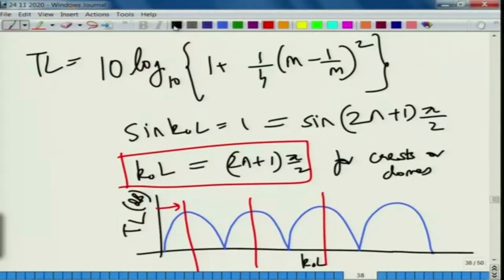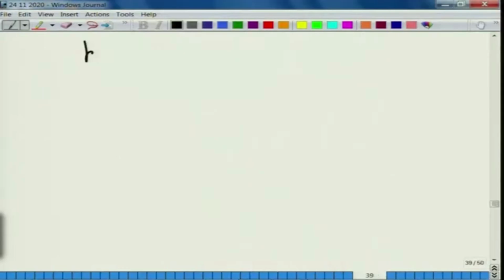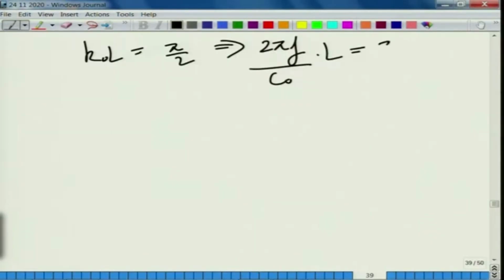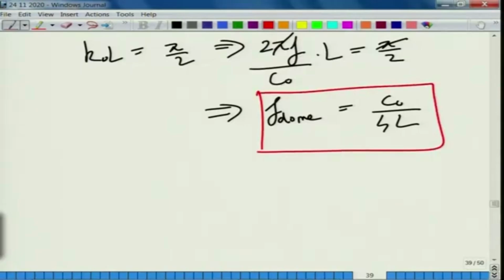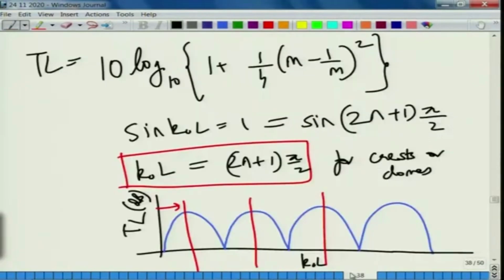When you simplify this further, you get f equal to C naught by 4L. So, this is the frequency at which domes occur, the frequency at which your maxima occurs.